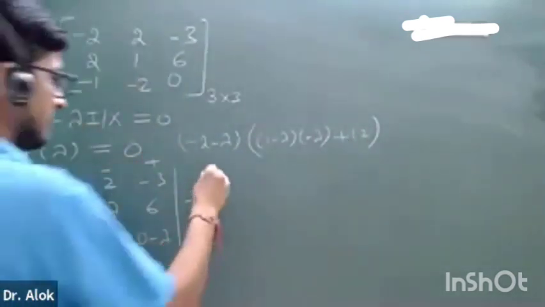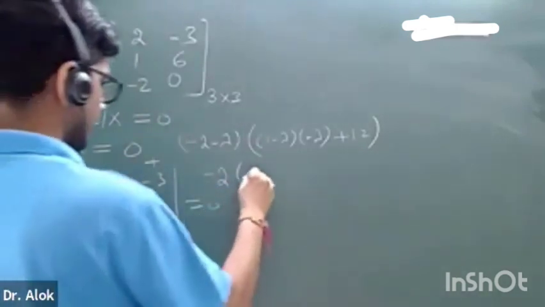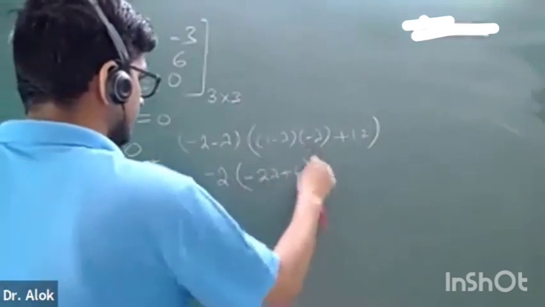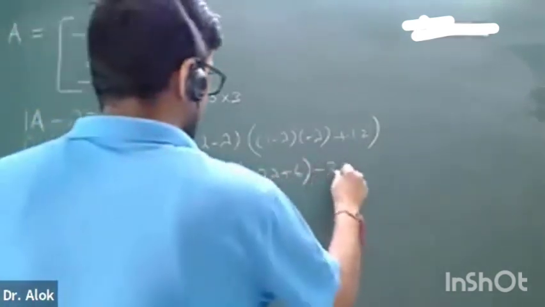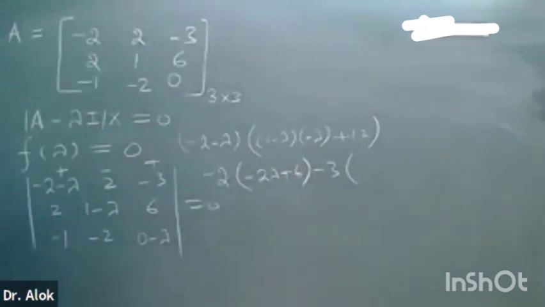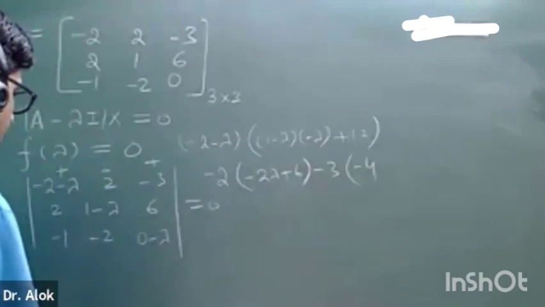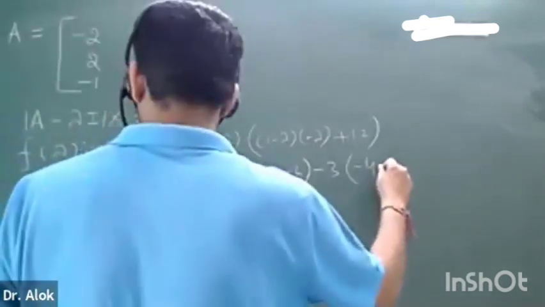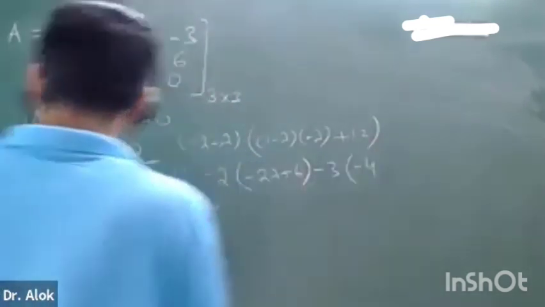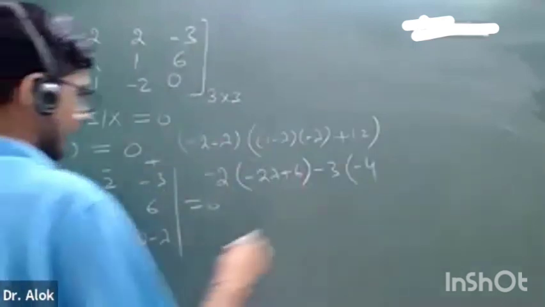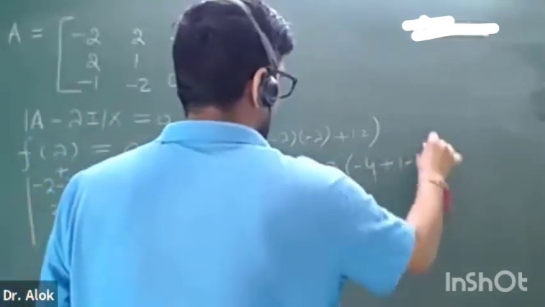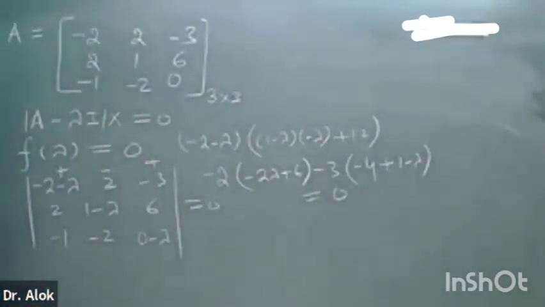So minus 2 times minus 2 lambda plus 6, minus 3 times minus 4, and plus minus 4 plus 1 minus lambda. This is equal to 0, correct? Everybody knows now how to open determinant?